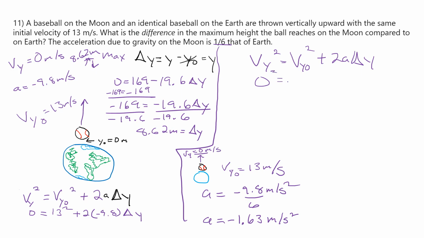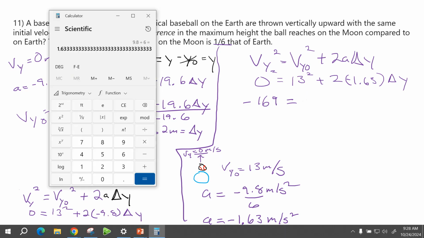This initial velocity is still 13 meters per second, squared, plus 2 times negative 1.63 times delta y. So I'm going to skip a step here. Over here, I'm going to have a negative 169, and then over here, I just got to multiply this times 2.